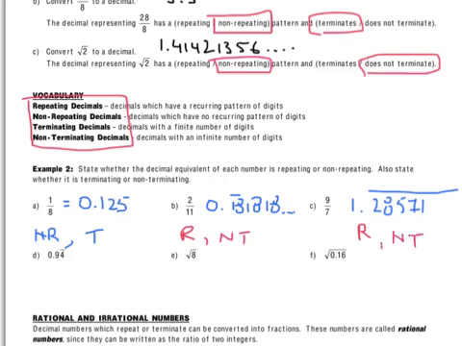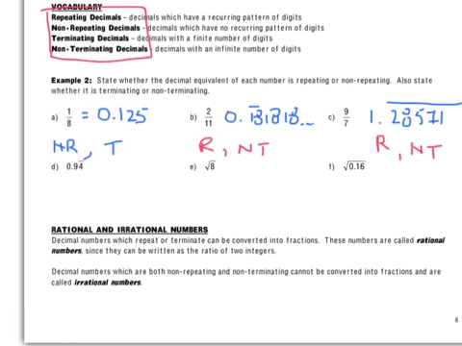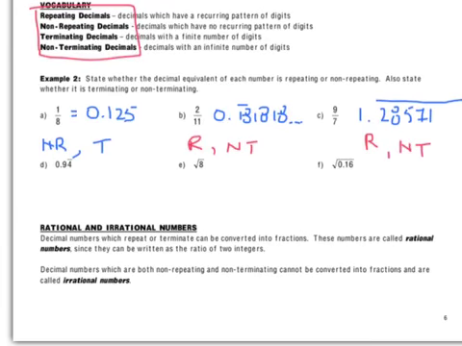All repeating decimals are obviously non-terminating because they repeat on forever. Okay. D is already a decimal, so it's 0.9, and then the 4 repeats, so 0.94444. So D would be same as the previous one. It would be repeating and non-terminating. Okay.